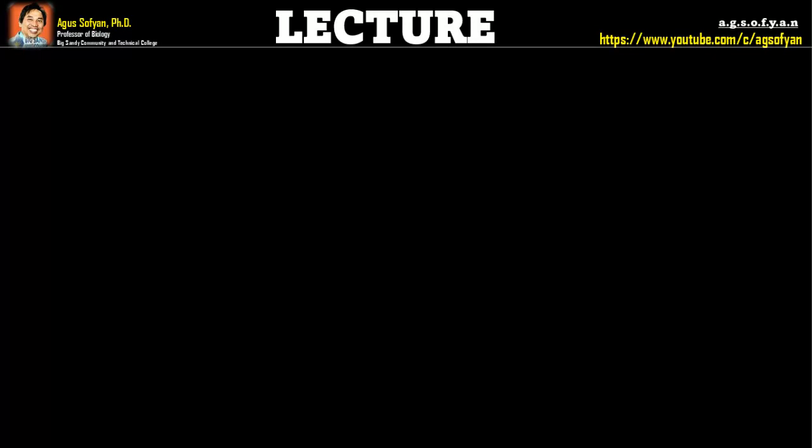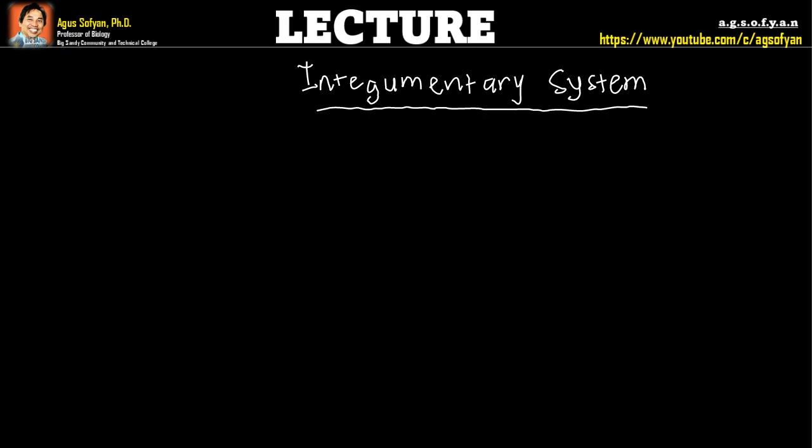Hi everyone. So today we will discuss the first organ system in the human body, which is the integumentary system. Just remember that a system consists of organs.